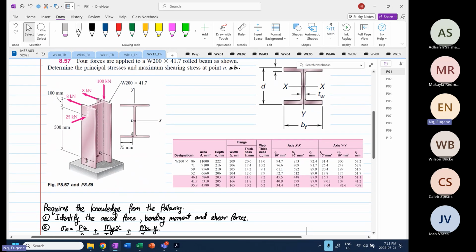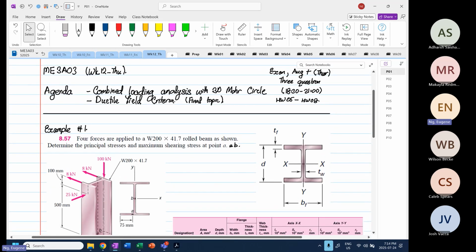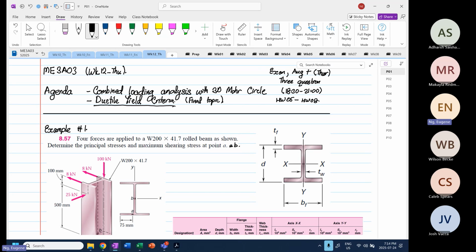Okay, so students usually ask me, final exam, what are the topics? You have to have all knowledge from normal stresses, 2D Mohr's circle, 3D Mohr's circle, shearing stresses, combine everything, and then later on we have another topic which we have to combine, known as the ductile yield criteria.